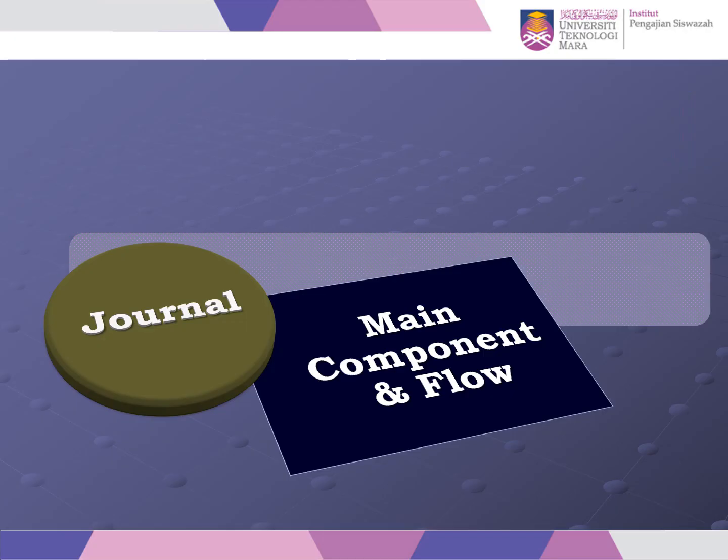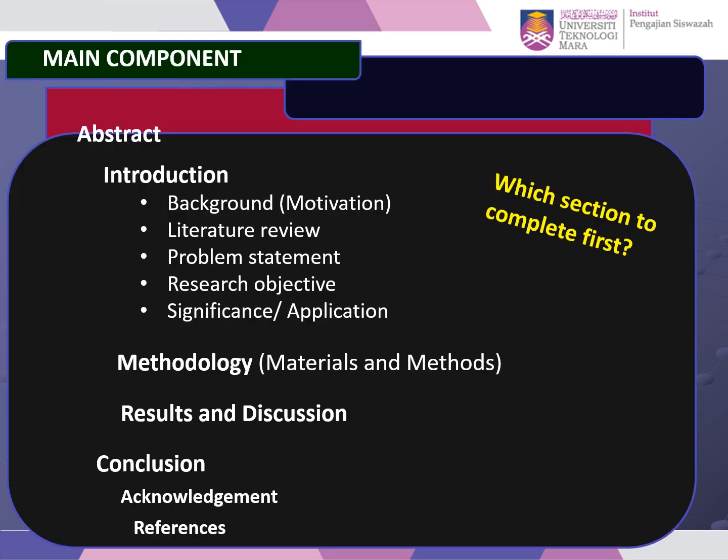Now, let's look at the main components and flow of a journal article. Generally, the main components are introduction, methodology, results and discussion.